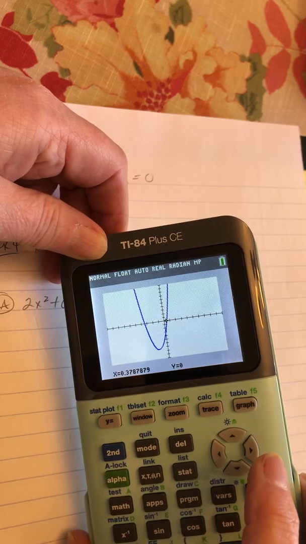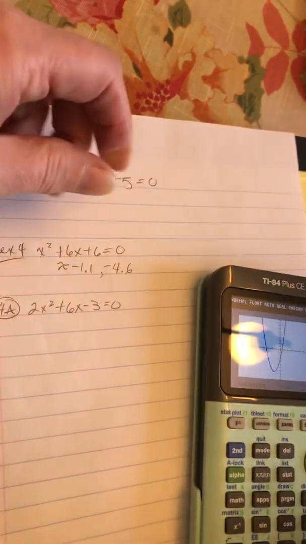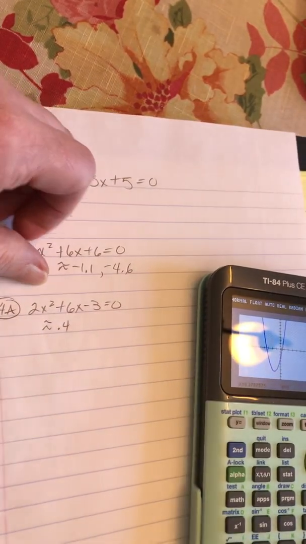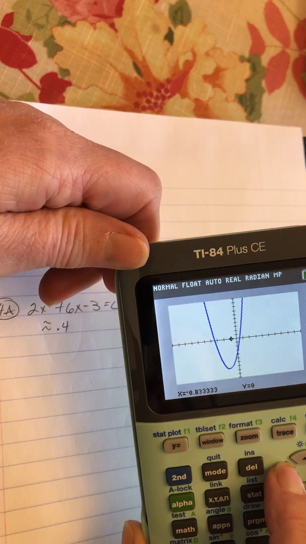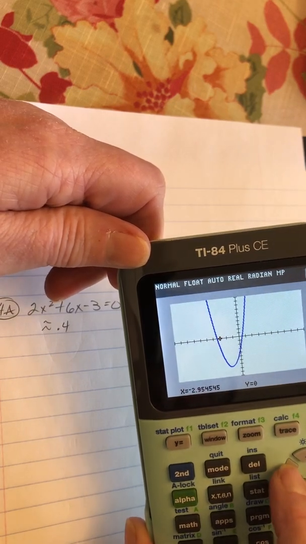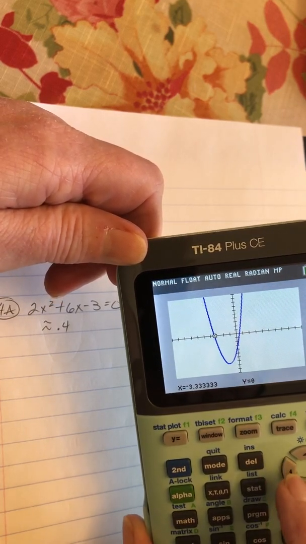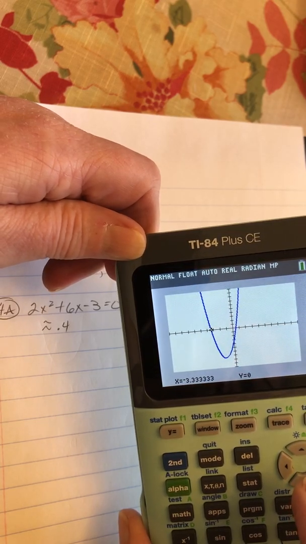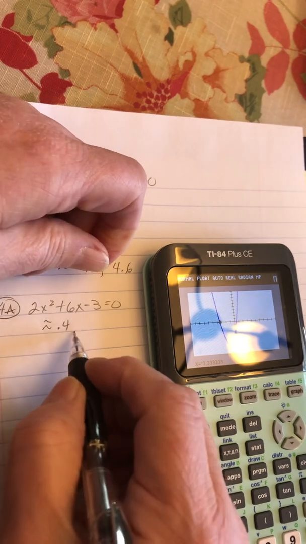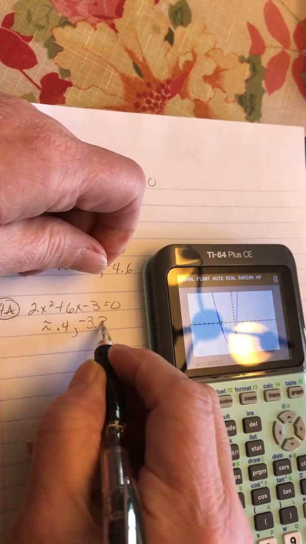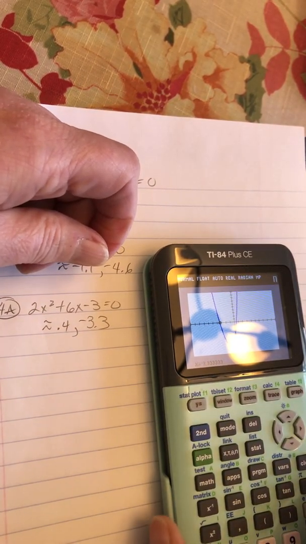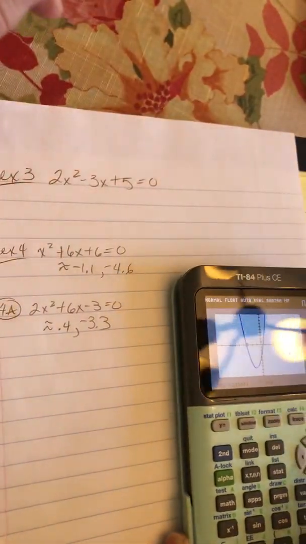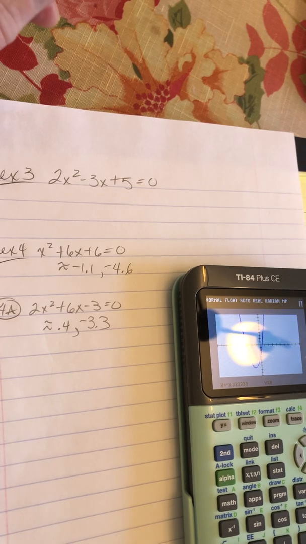That's about 0.37, which is about 0.4. Okay, and then I got to move the other way to get to the other one. Okay, now that's about negative 3.3. Okay, so those are my approximate solutions, and those are pretty close.